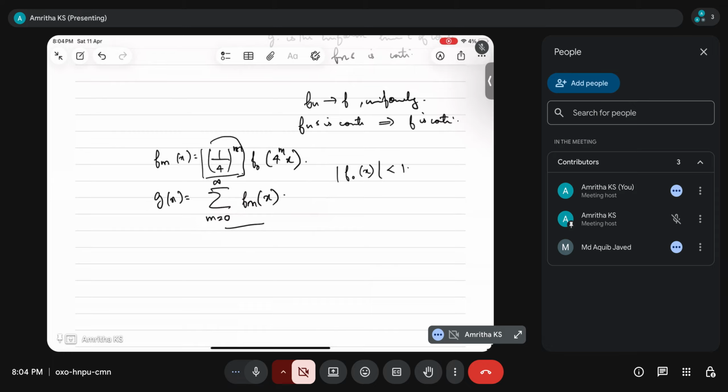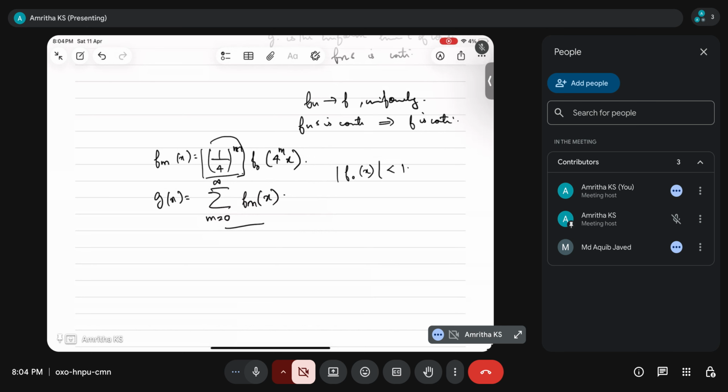So this is nowhere differentiable, because the slopes will create the problem.